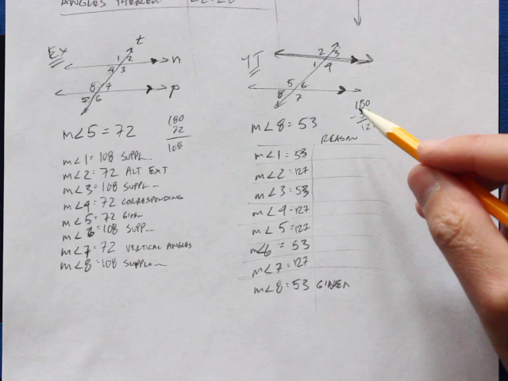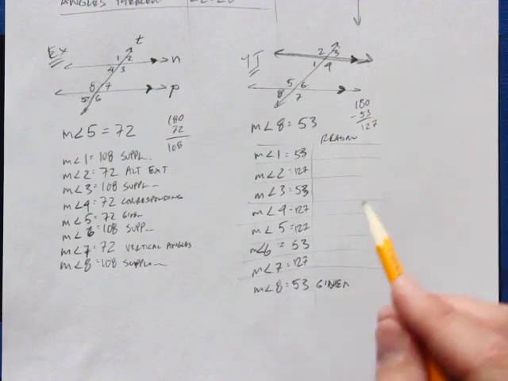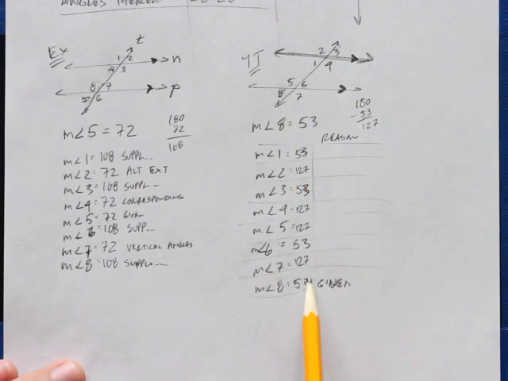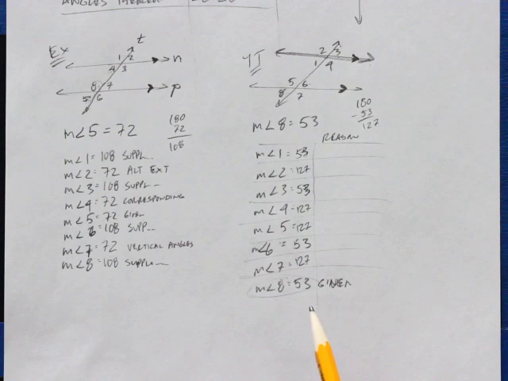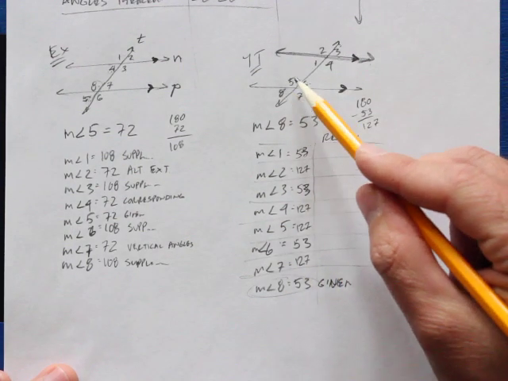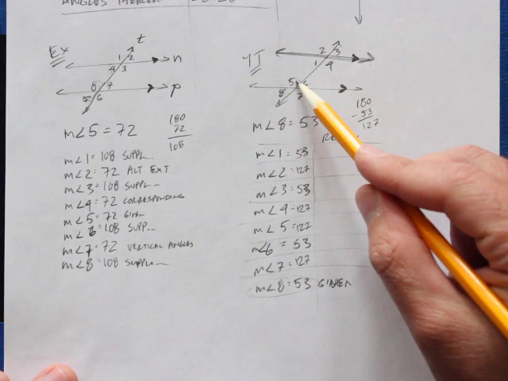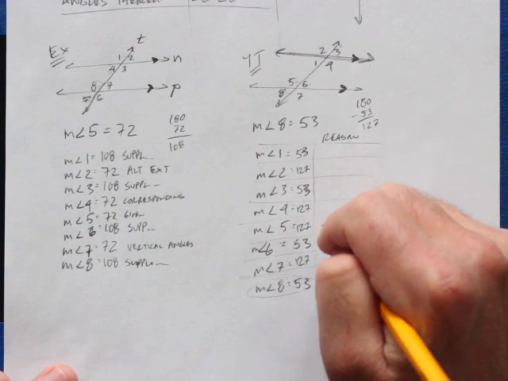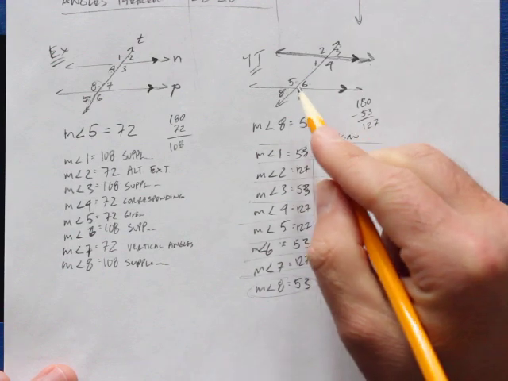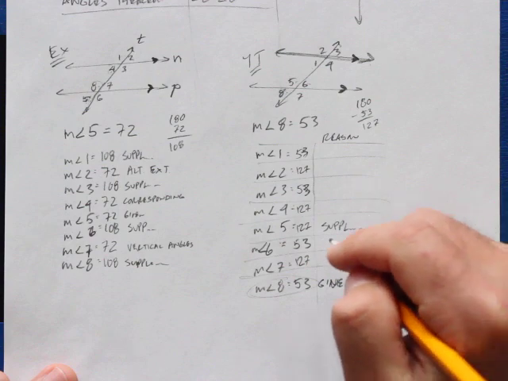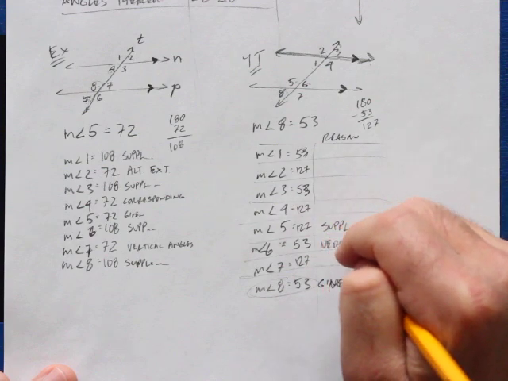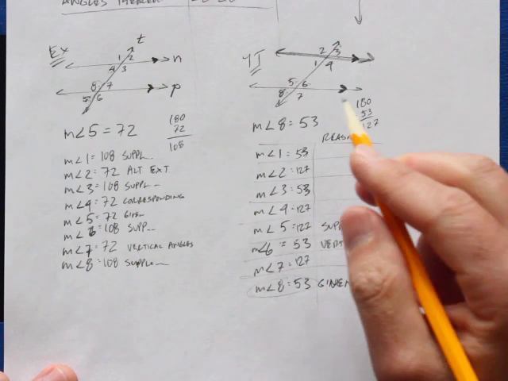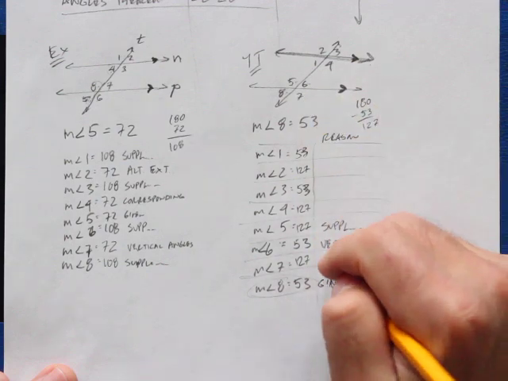Okay, so now I need to write the reasons. So I'm doing all of these reasons from measure of angle 8. So measure of angle 8, measure of angle 5 is supplementary. Measure of angle 6, these are vertical angles. 7 is supplementary.